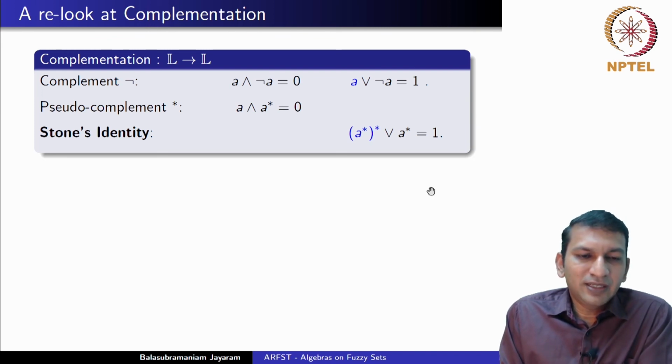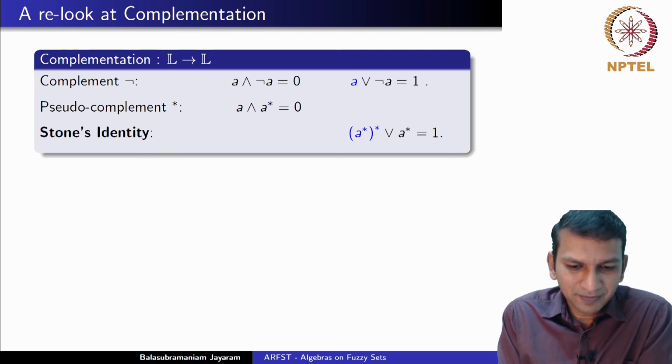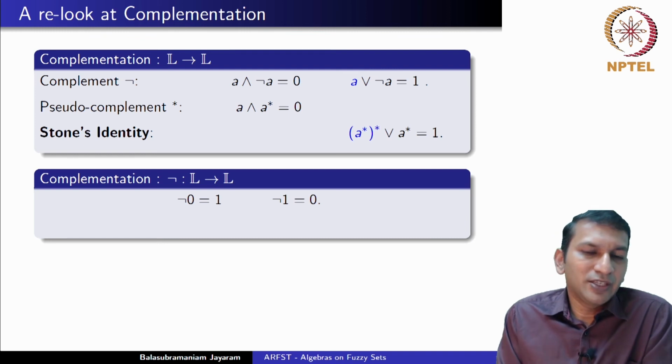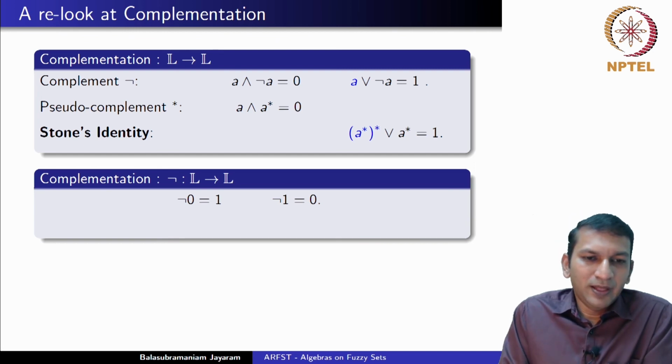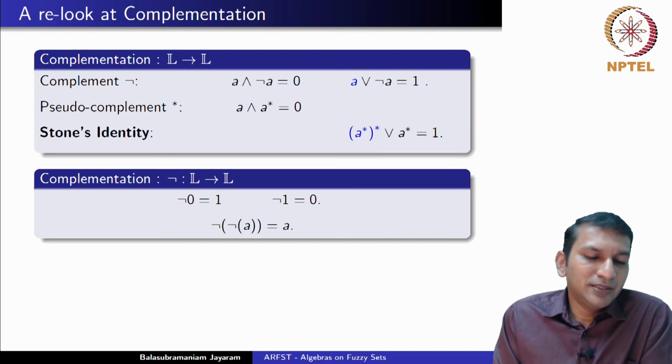So we have said that the Stone's identity differs in the sense that instead of A, it asks for double pseudo complementation. Now, we said we could look at complementation itself as a unary function from L to L. It is clear that it inverts 0 to 1 and 1 to 0. But if you also insist on this, double negation of A is A. This is normally called the involution or the involutive property.